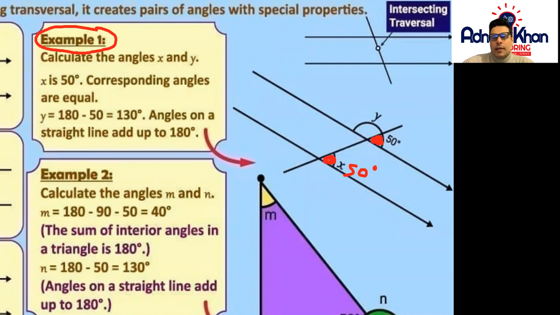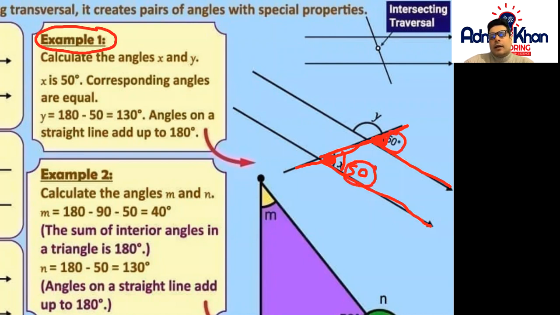Here I would say that this is like an F angle, which makes it easier to understand. So this side and this side are pretty much equal. The 50 here and the 50 here are equal.